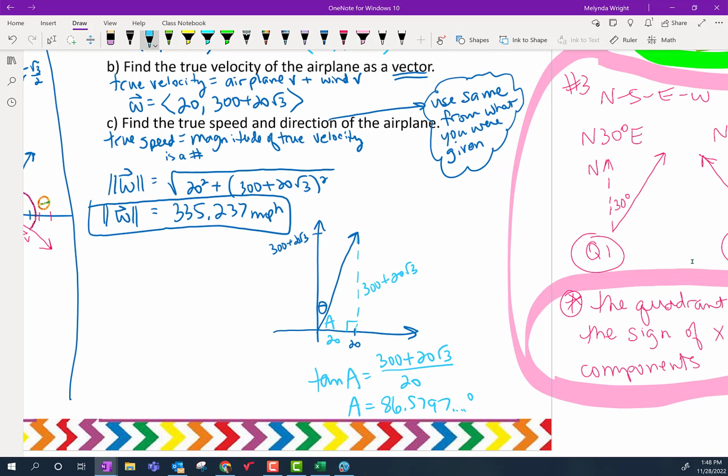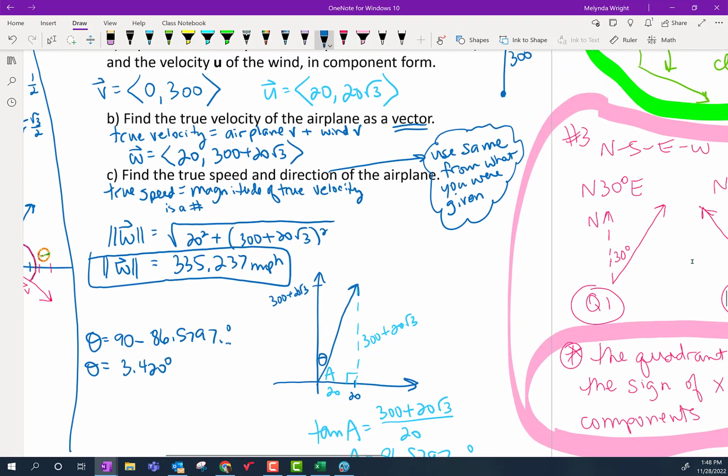What should I do to find theta? Do 90 minus. Absolutely, you're exactly right. So theta is going to be 90 minus 86.5797 degrees, and theta turns out to be 3.420 degrees.